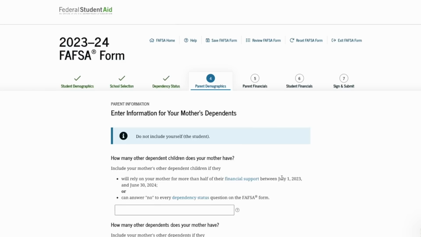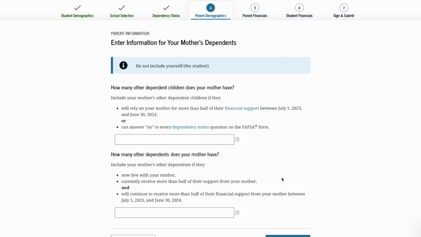This screen can be a little tricky because it's asking about your mother's dependents, both including dependent children and other dependents who might live with your mom. Remember to read the questions carefully because the dependent children reported will need to continue in your mother's household next year while you're in college from July 1st, 2023 to June 30th, 2024.